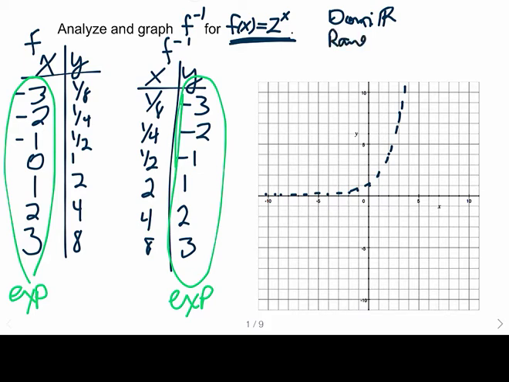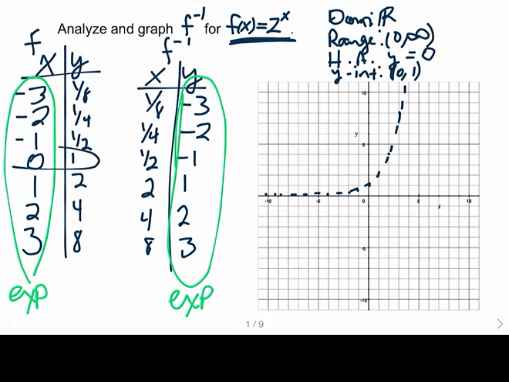Its range is the set of positive numbers, 0 to infinity, because of that horizontal asymptote, which I'm also going to write down. The horizontal asymptote is, of course, y is equal to 0. And then finally, we have a y-intercept of 0, 1.